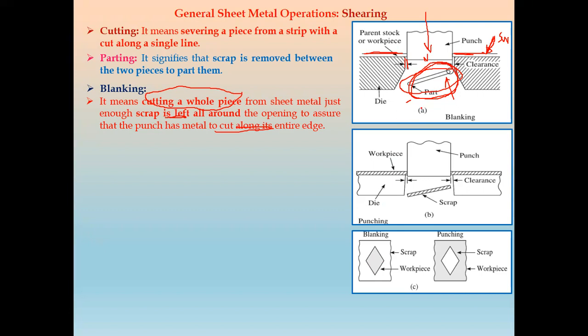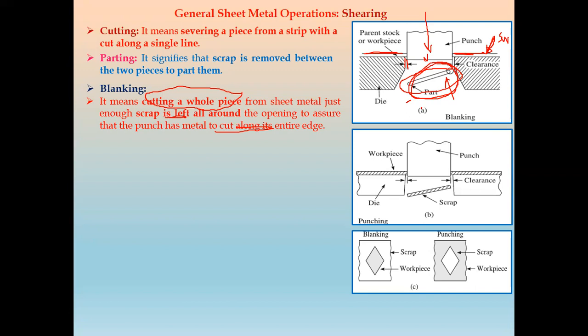That paper part is a punching part. That is not a scrap. Here in blanking, if you see the paper punch operation, that small circular part is the blanking out part. And the remaining part will be your punching part.